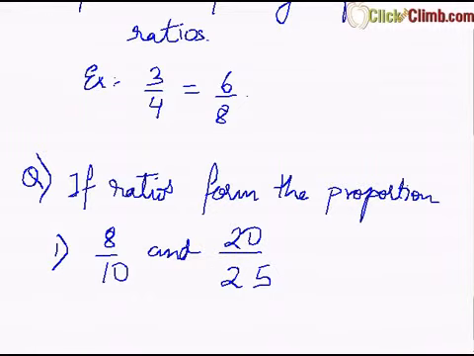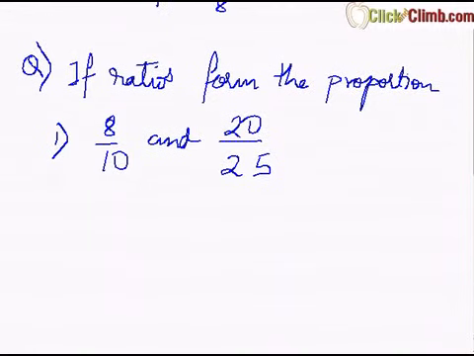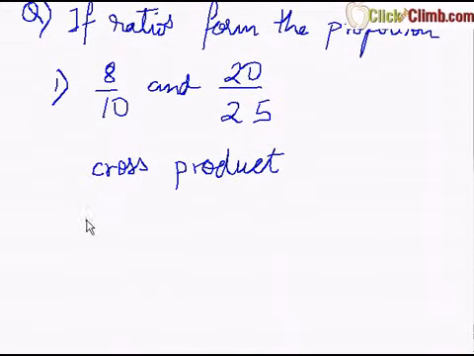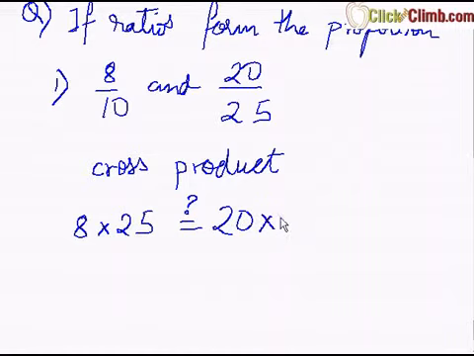Okay, now to decide whether they are in proportion or not, the simplest way is using something called the cross product. In the cross product, we multiply the numerator of the first ratio, that is 8, with the denominator of the other ratio, that is 25, and we check if this product is equal to the product of the numerator of the other ratio with the denominator of the first ratio, that is 20 with 10.